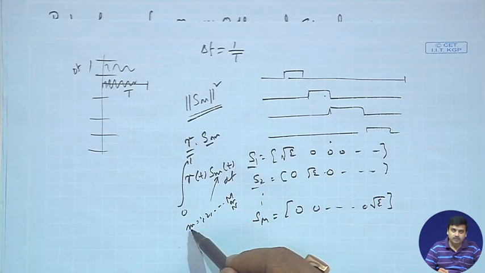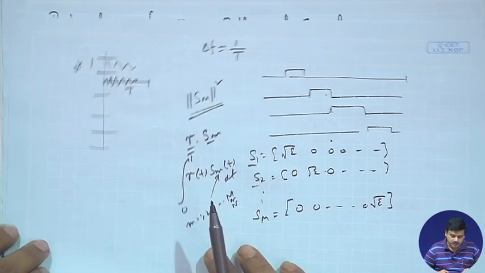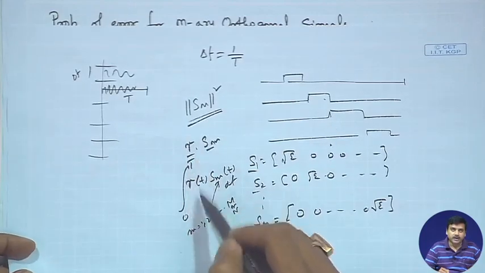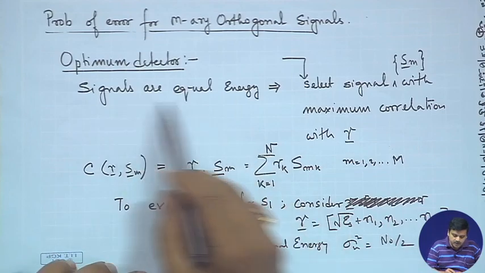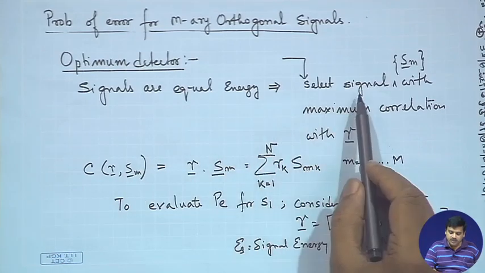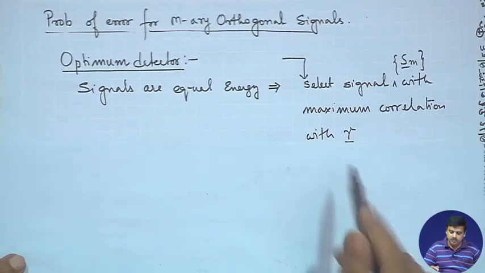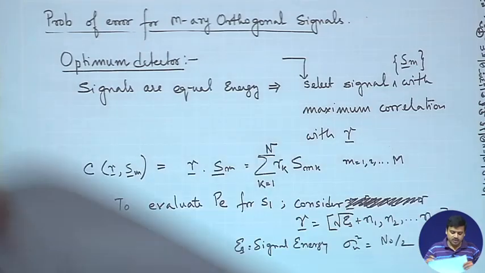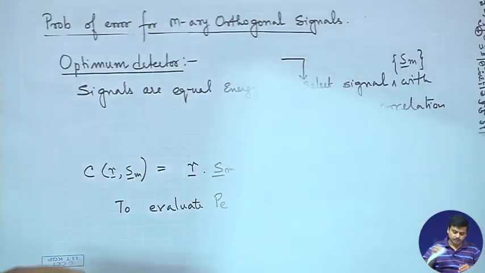Whichever value of m maximizes this correlation is the choice of the signal. It could be implemented in either of these two forms. So, in case of equal energy signals, we would select the signal Sm with the maximum correlation with r.